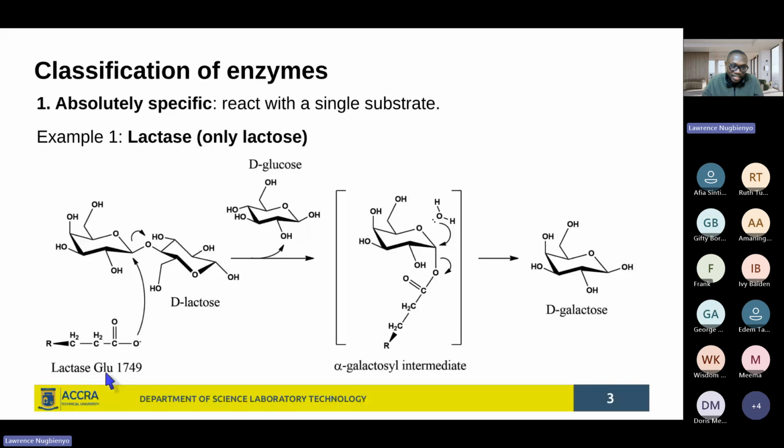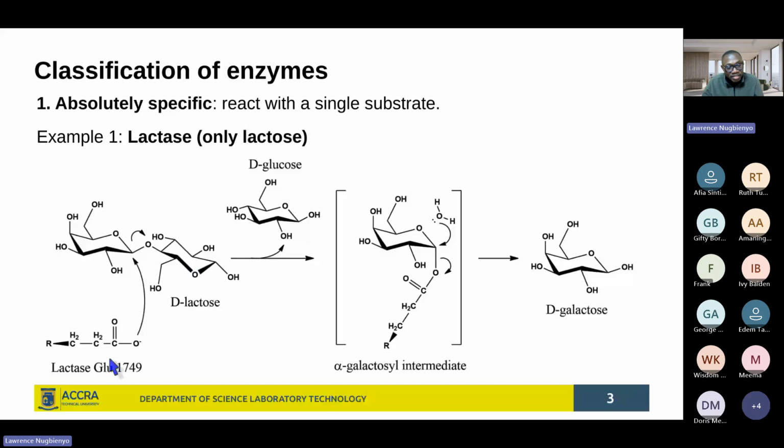So this is telling you that this is actually the active center of lactase, because it is that glutamate which is having an attack on the glycosidic bond in the lactose molecule. So what you see here, D-lactose, lactose is a disaccharide consisting of glucose and galactose.